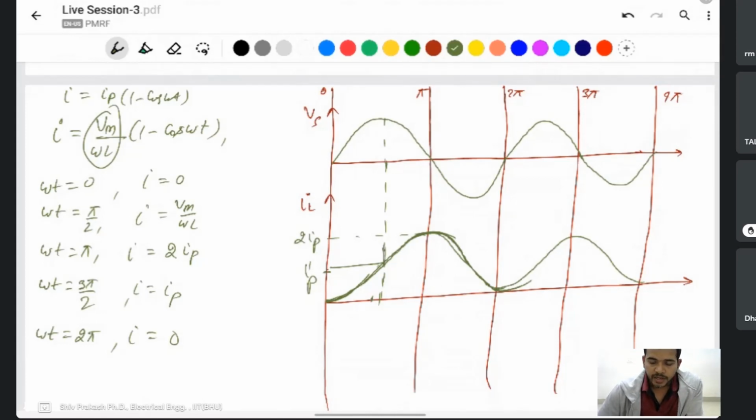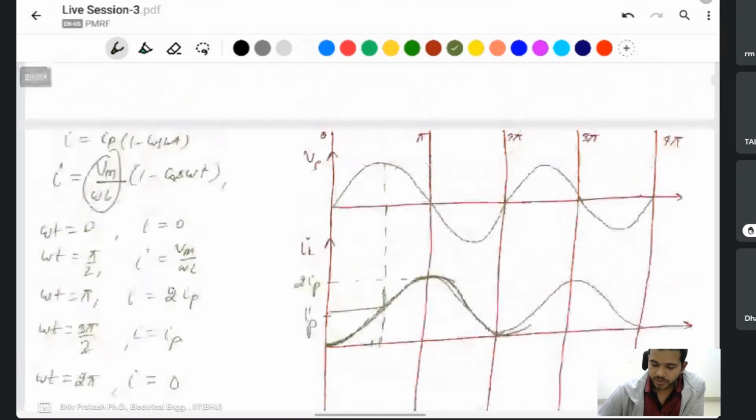If a pure inductor is applied to the AC source, then the diode will not disconnect, it will conduct the whole time. It means that in one cycle there is 360-degree diode conduction.